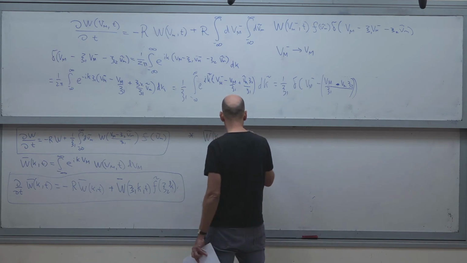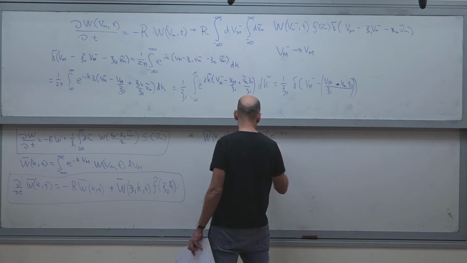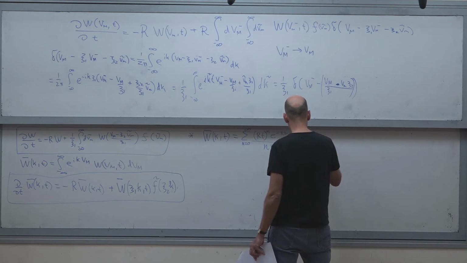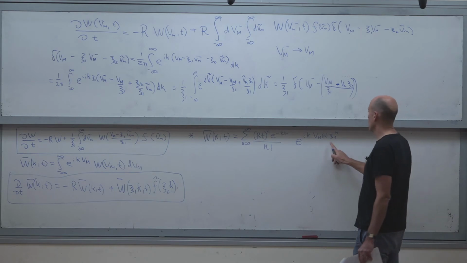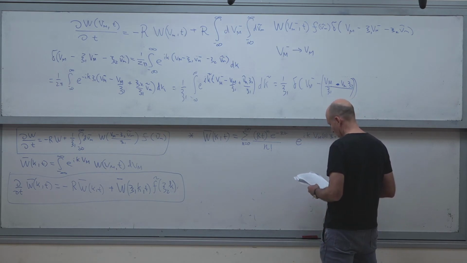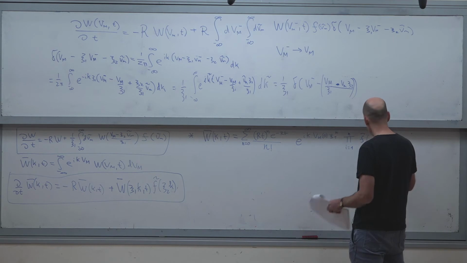It is given by this: sum over n equals 0 to infinity, (rt)^n e^(-rt) over n factorial, times e^(ikv) of the massive particle, where v is the initial velocity, times psi 1 to the power n, product over i equals 1 to n, the Fourier transform of the velocity of the gas particle times k psi 1 to the n minus i psi 2.